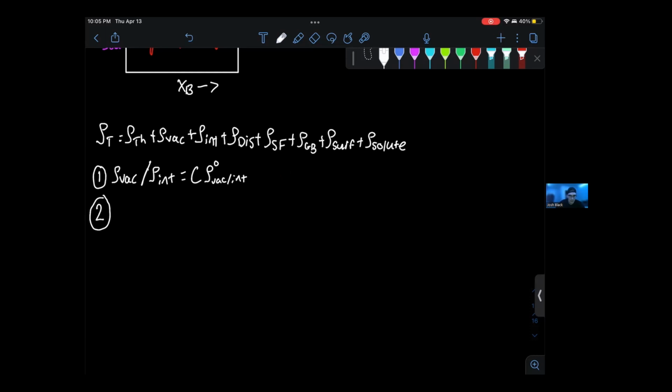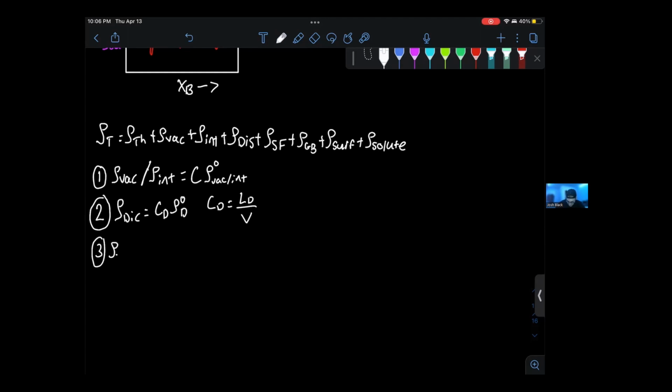Next, we're going to look at the resistivity due to dislocations. This is equal to our concentration of dislocations times our specific scattering of dislocations. Our concentration of dislocations is equal to the length of our dislocation line divided by our total volume.